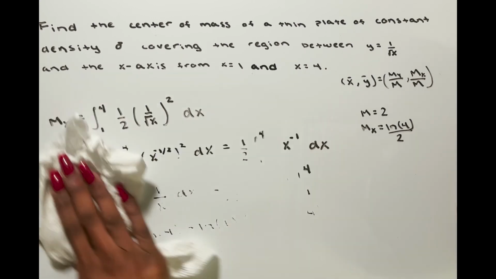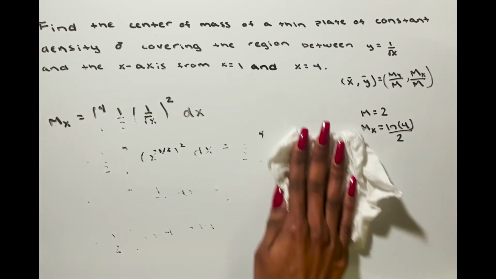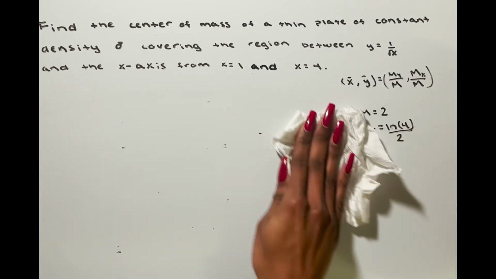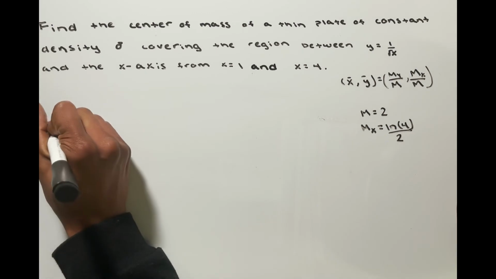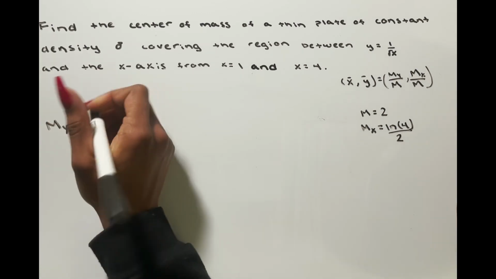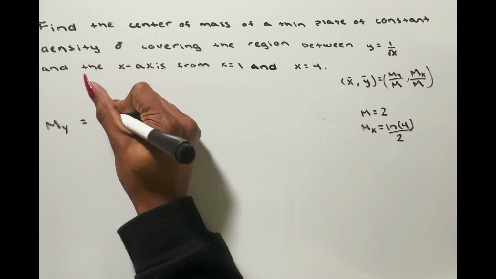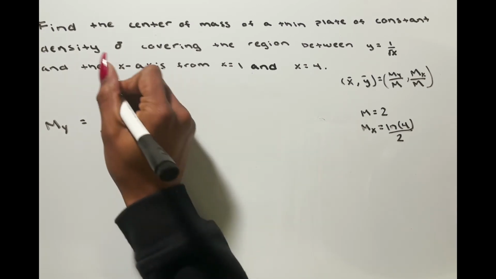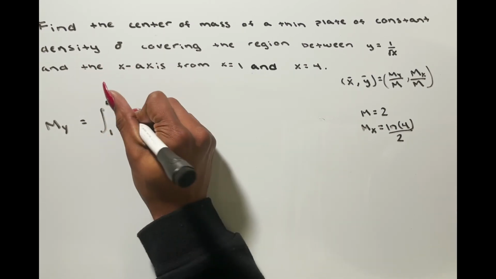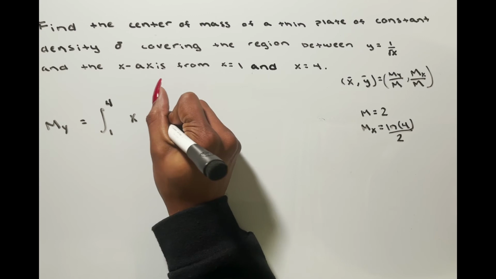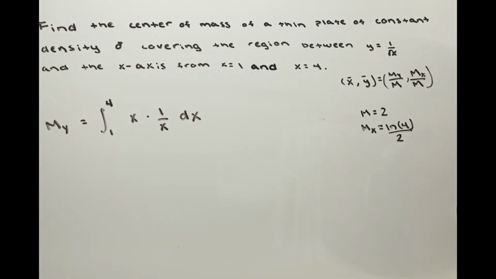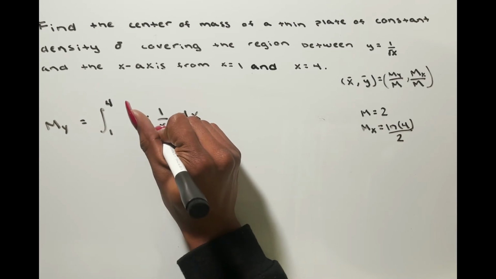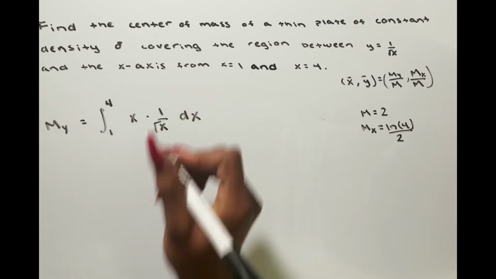Alrighty, now let's move on to finding our final part, that is m sub y. As we've discussed before, m sub y equals the integral from 1 to 4 of x times our given function, 1 over the square root of x, and we are integrating with respect to x.